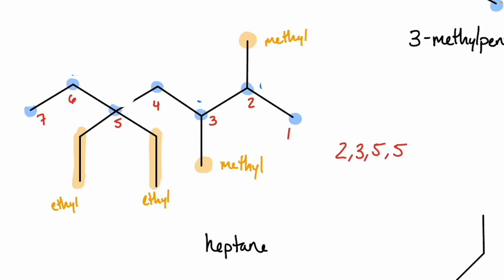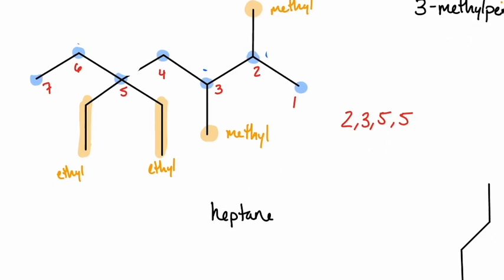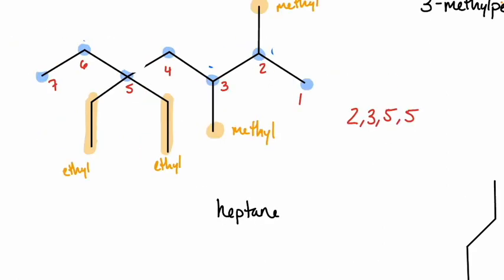Okay, but I have multiple methyl and ethyl, so how do we indicate that in our name? The prefix di, right? Now I've got 2, a methyl and an ethyl. So remember, when we assemble our name here, we're going to put them in alphabetical order.